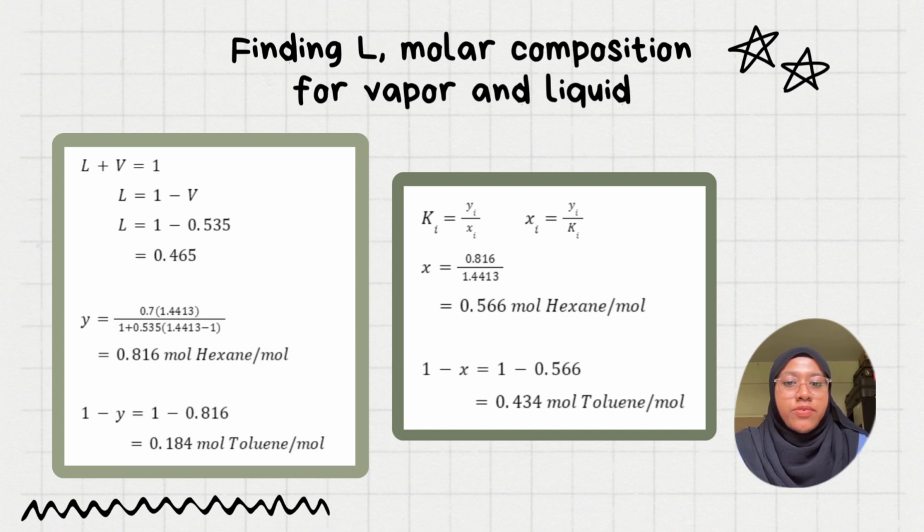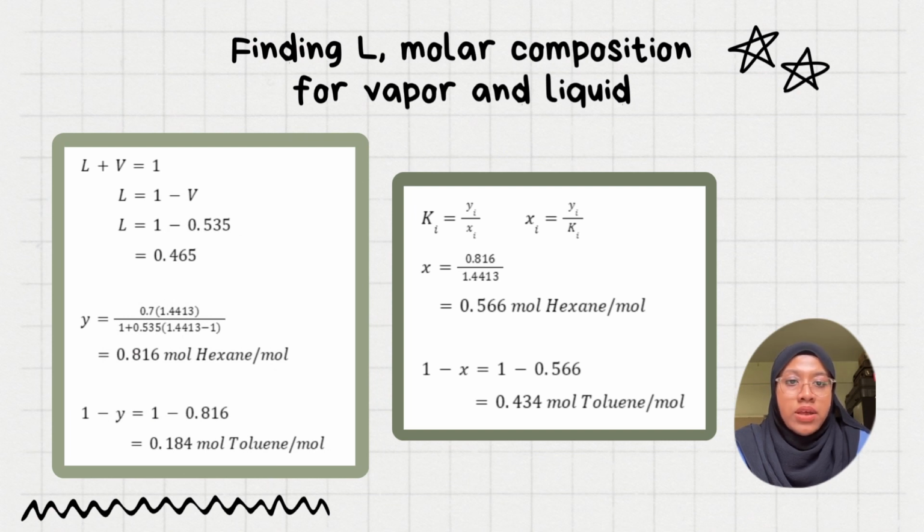Next, we will find the moles of liquid by using the formula L plus V equals 1. Then, by substituting the value of V we got from the iteration just now, which is 0.535, we get the moles of liquid equal to 0.465. Then, we find the molar composition of vapor of hexane by using the formula Yi equals Zi times Ki divided by 1 plus V times (Ki minus 1).